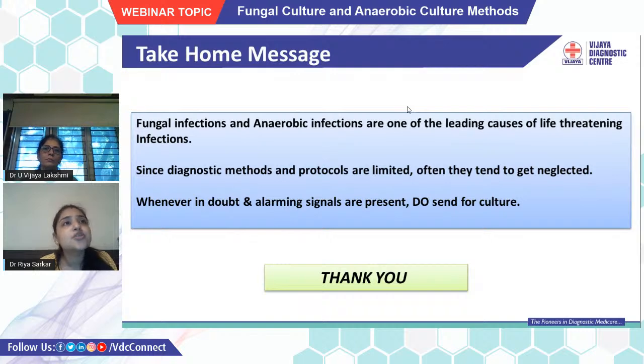Do not hesitate to take the specimen and send us for culture, because no matter how tedious or difficult the entire process is, these infections require immediate attention, and early diagnosis and early treatment of such patients can actually help save their lives.